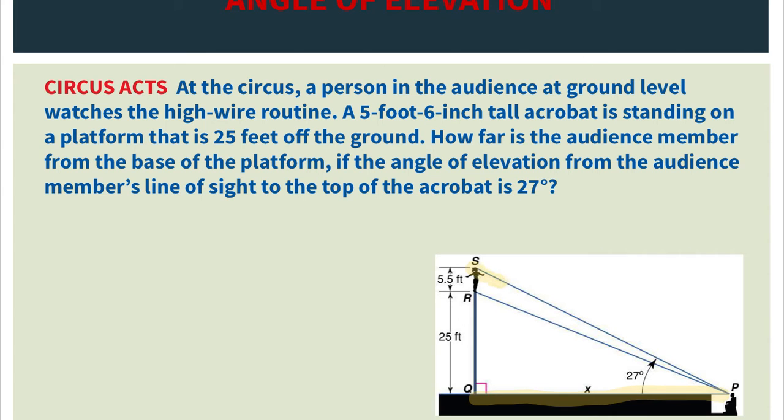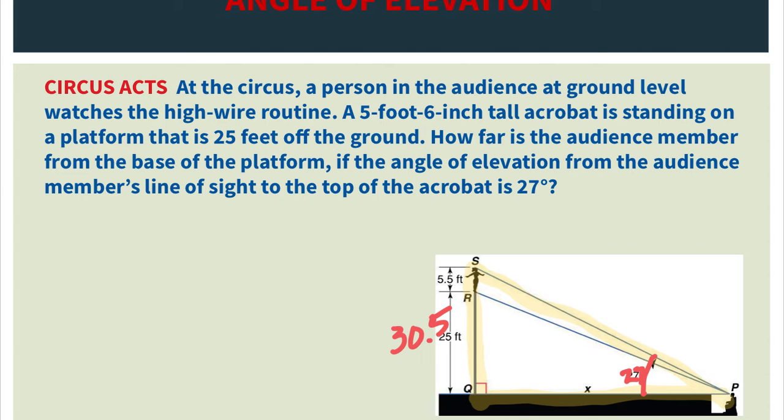So that means we need to look at this height, which instead of 25 is actually going to be 30.5, because we need to include the height of the gymnast. So we're going to put 30.5, and my angle here is 27.